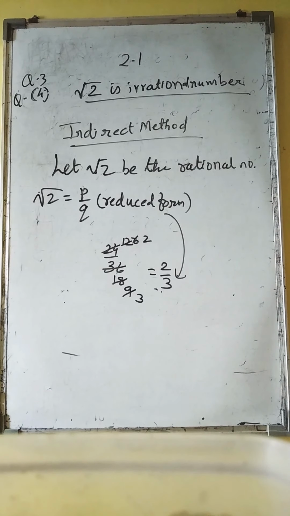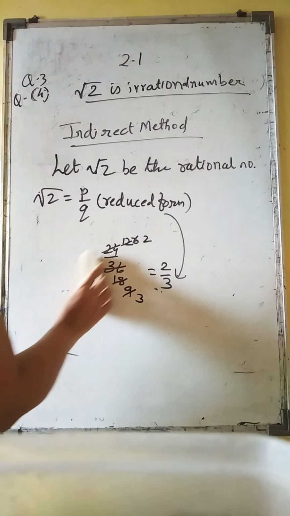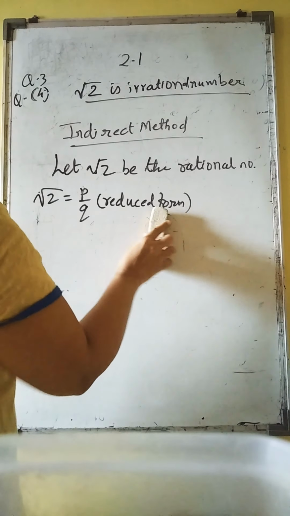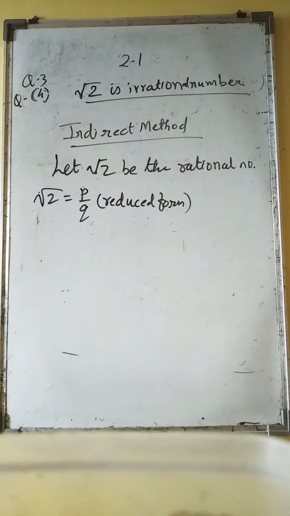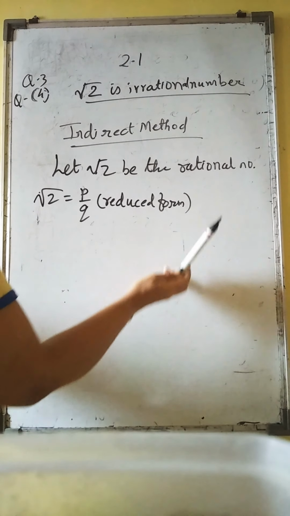So I am already taking root 2 in reduced form. Okay? So let me take, suppose root 2 is something P upon Q, where P upon Q is a reduced form. So when you have a reduced form, they don't have any common factor. Now 2 upon 3 was the answer of the last example here.